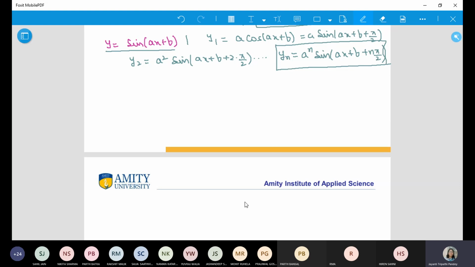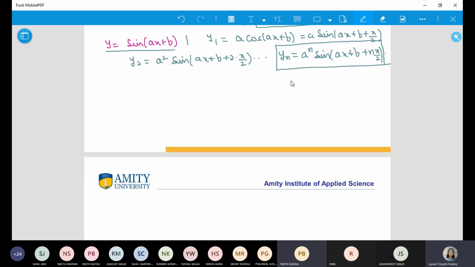Okay? We have changed that cos into sine. Yes, we did, to get the symmetry and remove the minus sign.